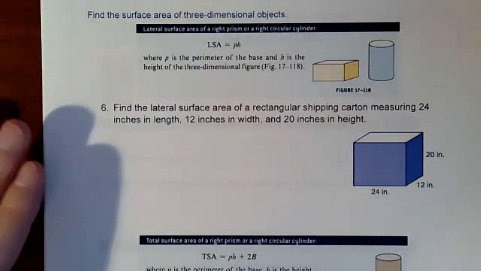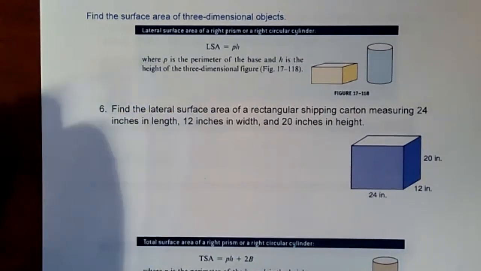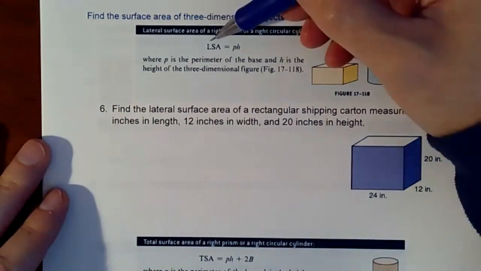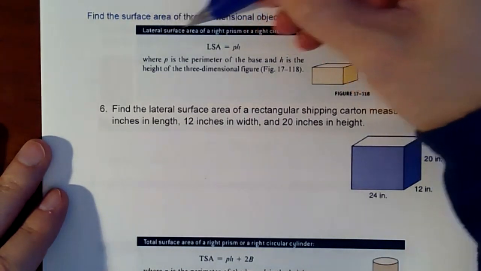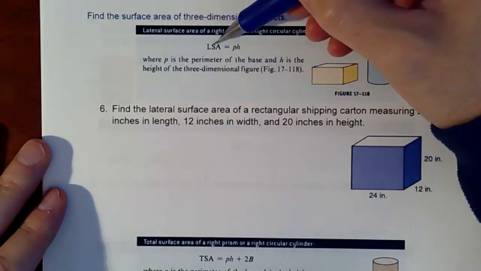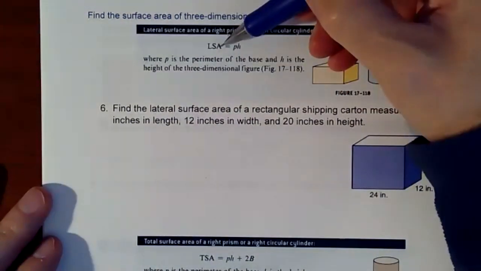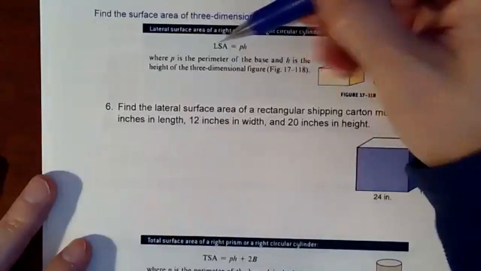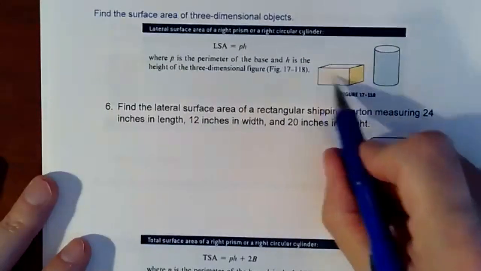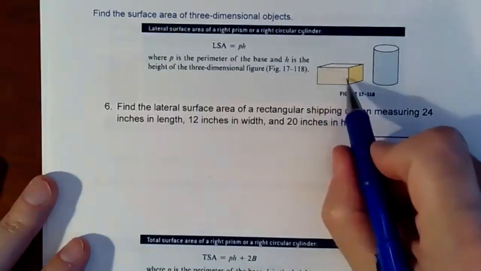There's a little bit of language I want to make sure that you're familiar with, because they do ask for 2 different types of surface areas. One is known as the lateral surface area, versus the total surface area. The lateral surface area is just kind of the vertical part of it.